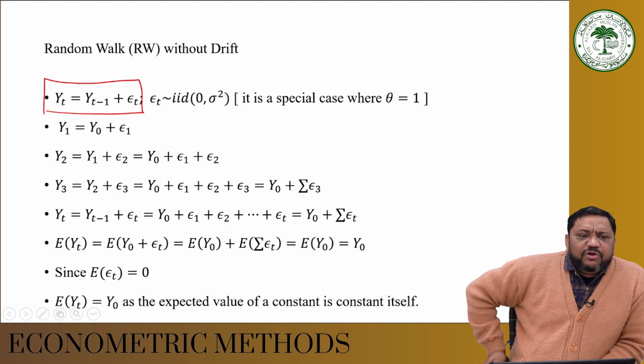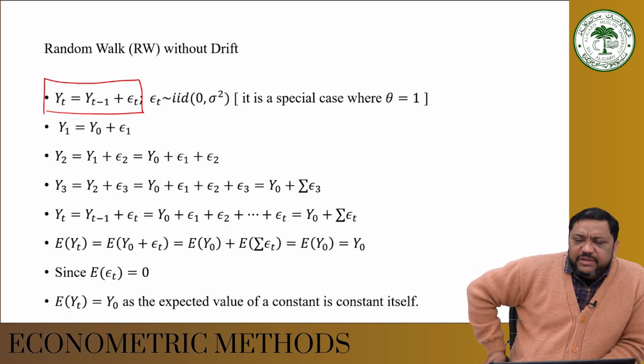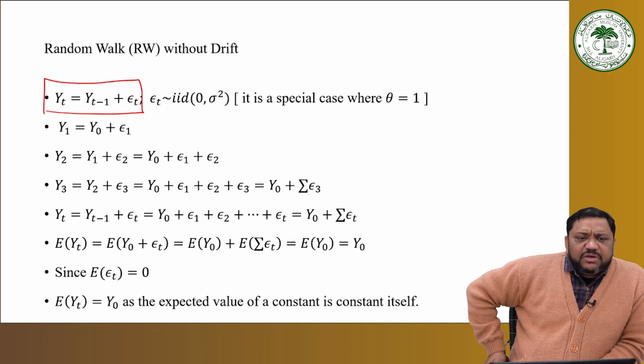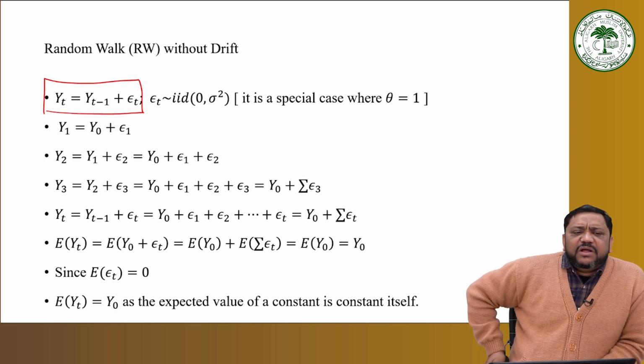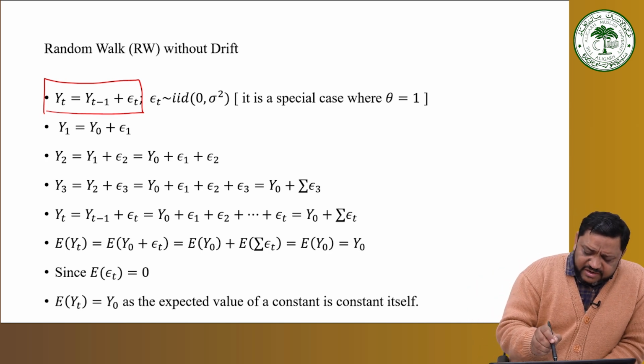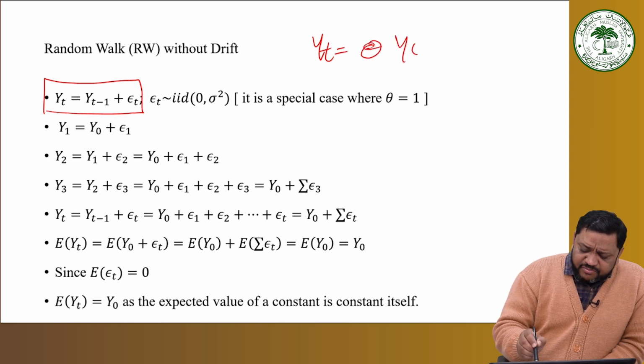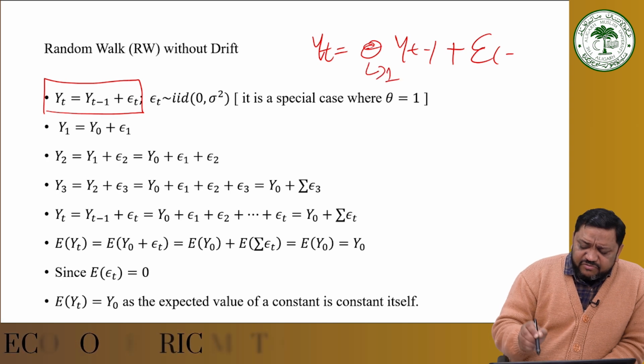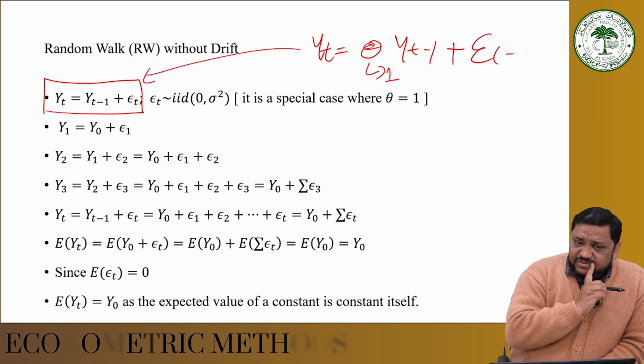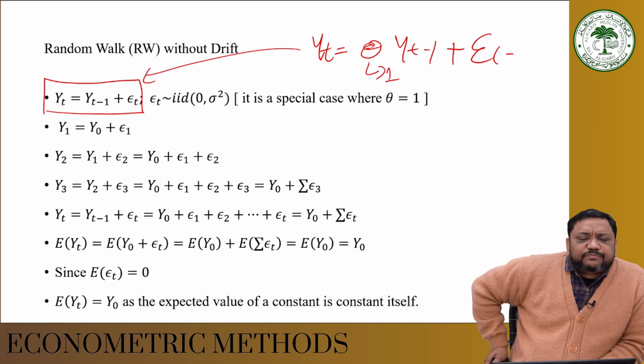Yt is equal to yt minus 1 plus epsilon t. Today's value depends upon what happened in the past, what happened yesterday, plus an error term epsilon. Basically, this is a special case. We can write it as yt is equal to theta yt minus 1 plus epsilon t. Now if theta is equal to 1, we can simply write this model as yt equal to yt minus 1 plus epsilon t.